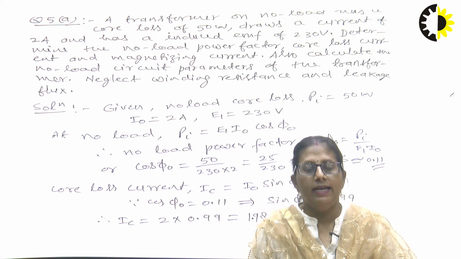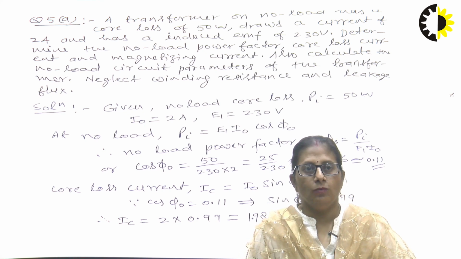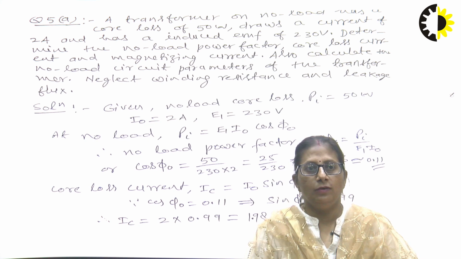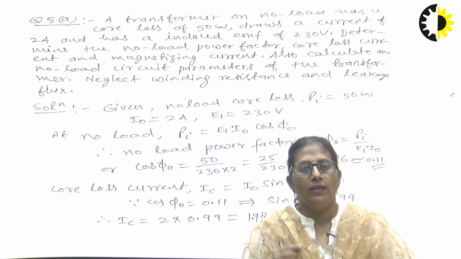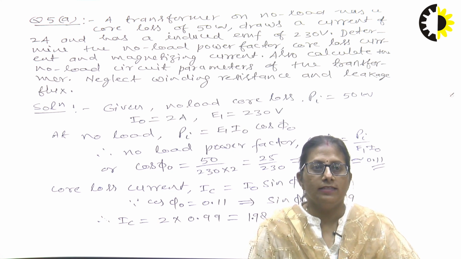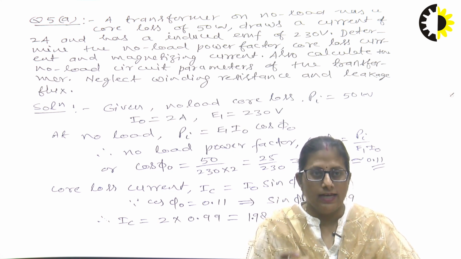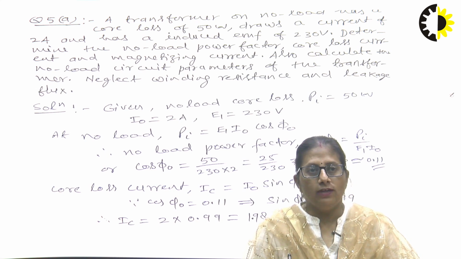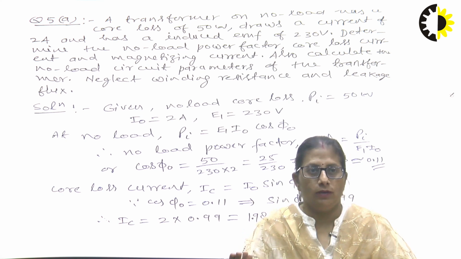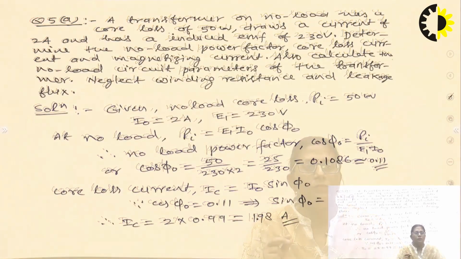We know that at no load condition, the power taken by the transformer is majorly going to the iron loss and a very negligible amount of copper loss, as the no load current I0 is very small, just 2 to 3% of the full load current.